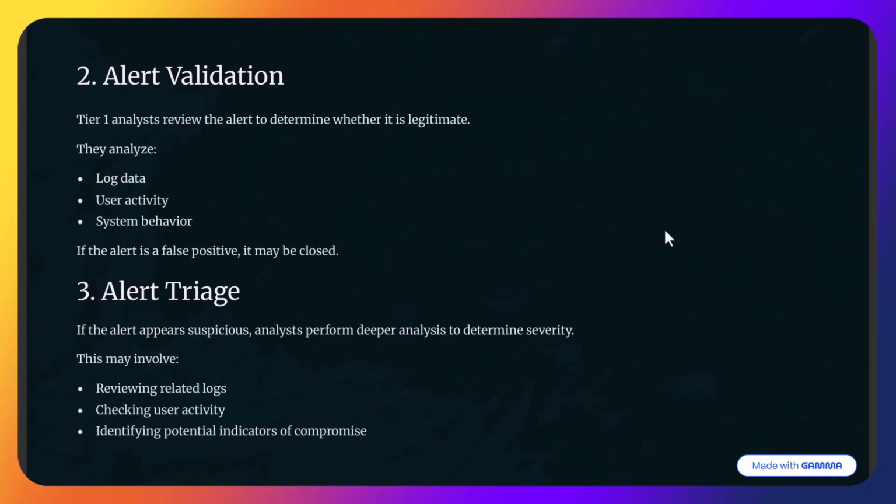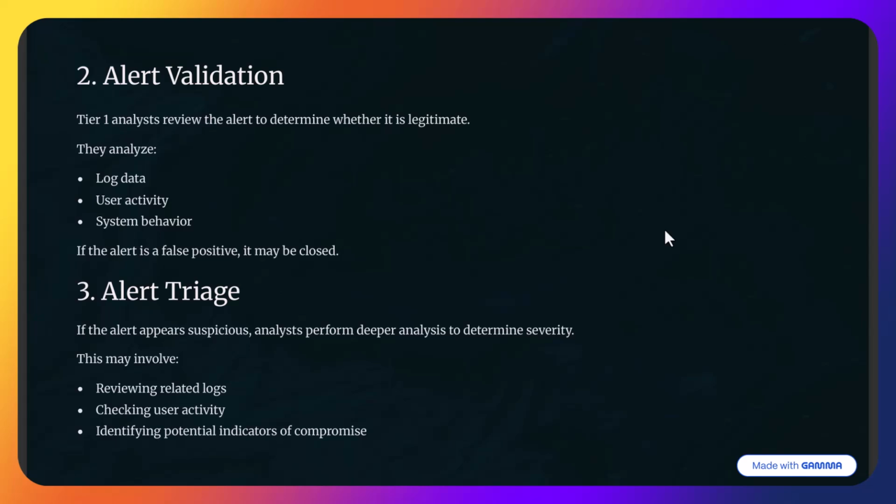If the alert turns out to be a false positive, meaning the system flagged something suspicious, but it is actually harmless, the alert may simply be closed. Go to the third one, which is alert triage. If the alert appears suspicious and cannot be dismissed as a false positive, it proceeds to alert triage.